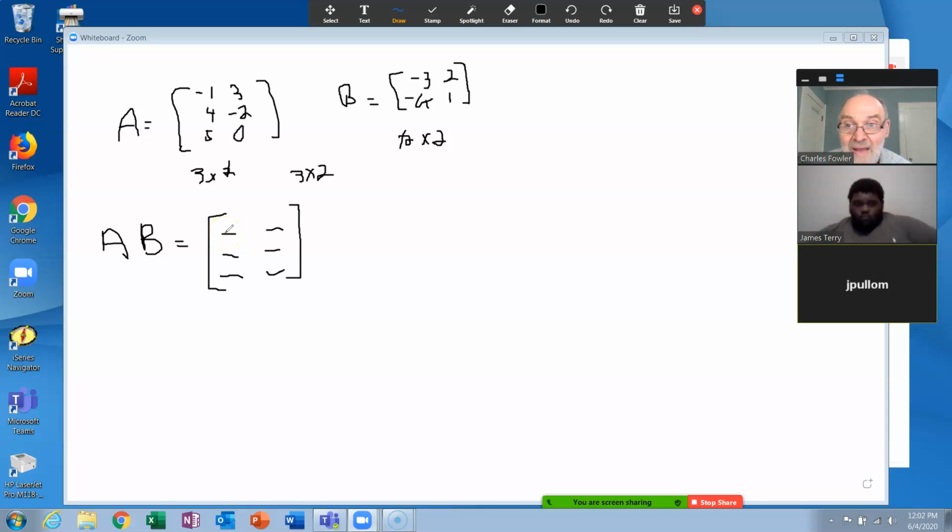Okay. That means I'm going to take the first row of A and multiply it by the first column of B, adding them up as I go. Remember, that's how we did it when we multiplied numbers. You multiply first, and then you wind up adding them, right? Going to do the same thing here. So it's going to be a minus 1 times a minus 3. That gives me 3 plus 3 times a negative 4.